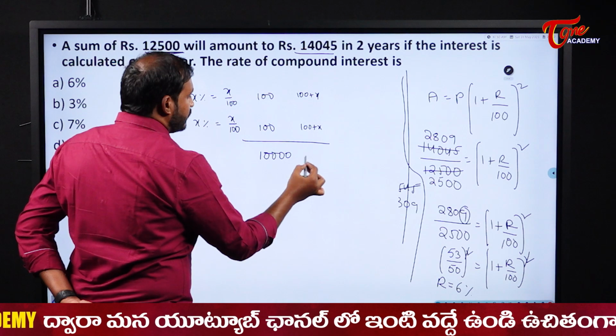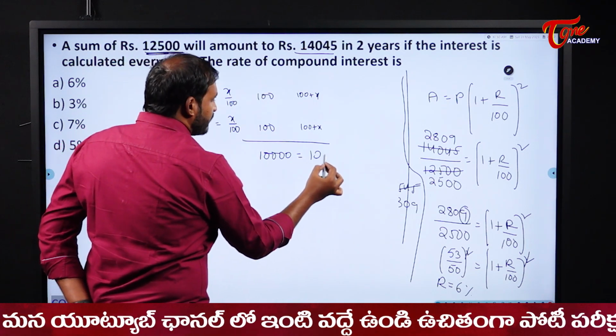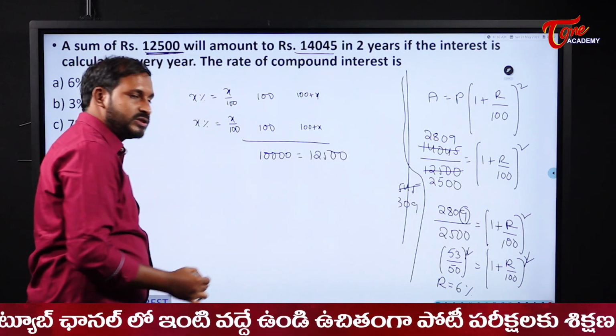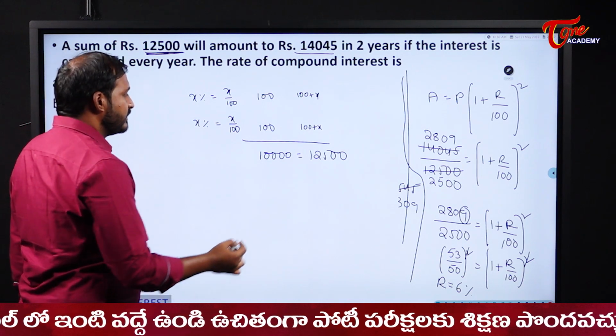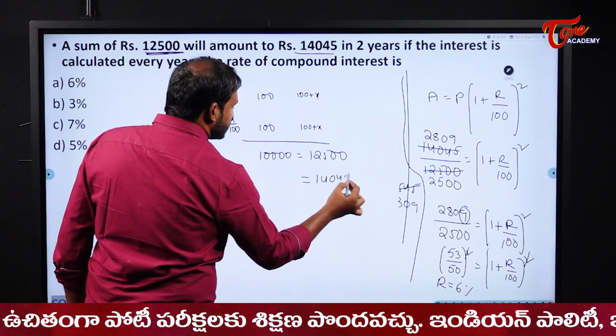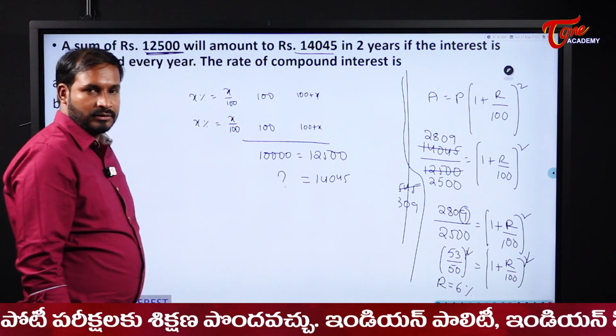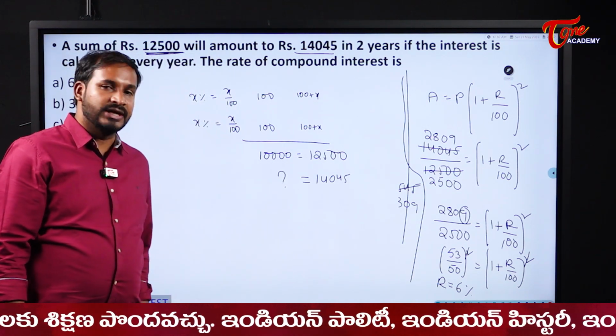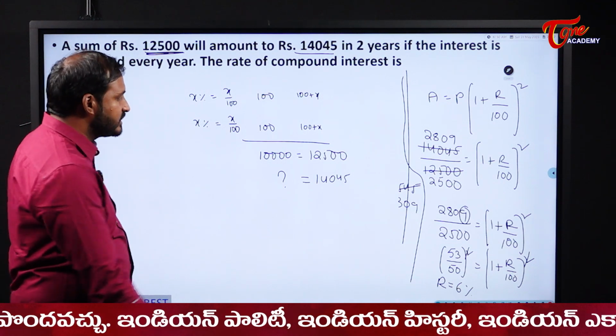10,000 parts is equal to 12,500. Then what will 14,045 parts be equal to? Please try to find this value; then obviously you will get the answer.